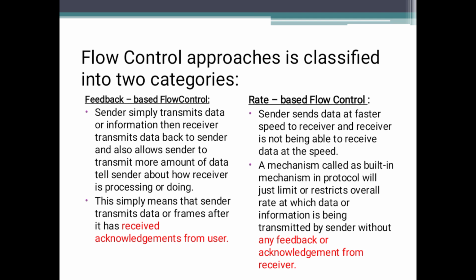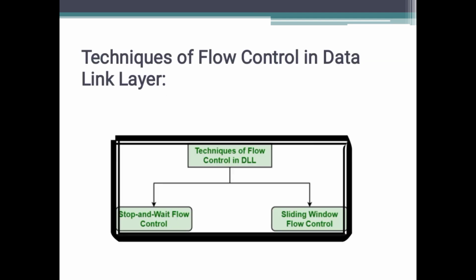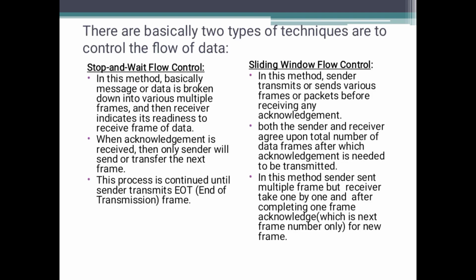Now let's see the techniques of flow control. Basically, there are two techniques of flow control in the data link layer, that is DLL: stop and wait flow control and sliding window flow control. Let's see what they are. Stop and wait is the easiest and simplest form of flow control.